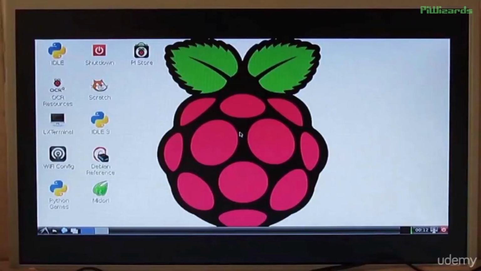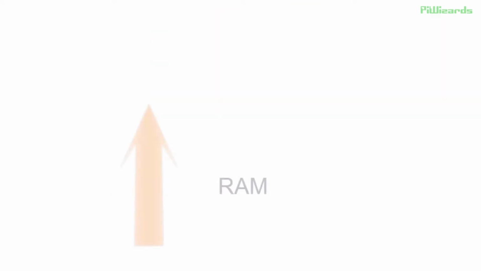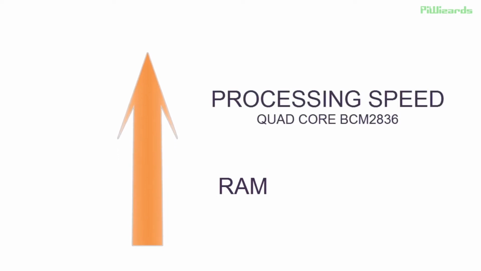You will also have to download and install ARM version 7 of the Raspberry Pi operating system, as the Pi 2 doesn't support older builds. However, V7 works across all Raspberry Pi devices, so there is no reason not to update to it on older devices.